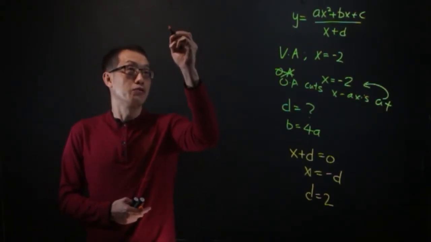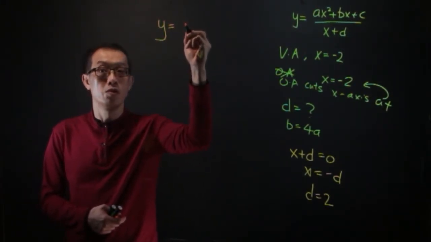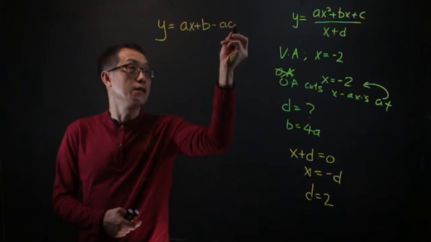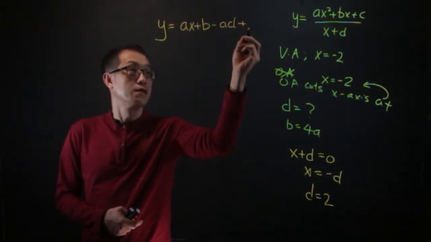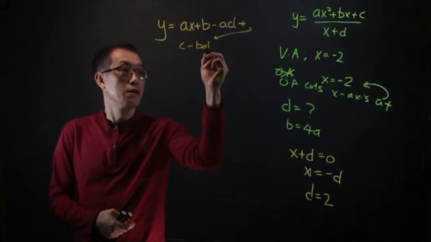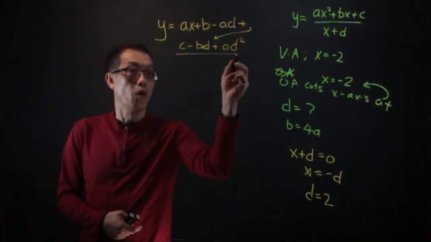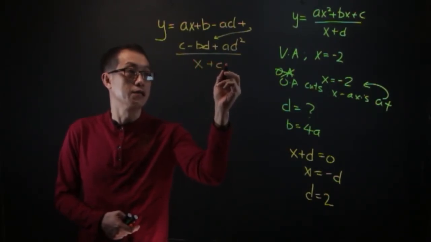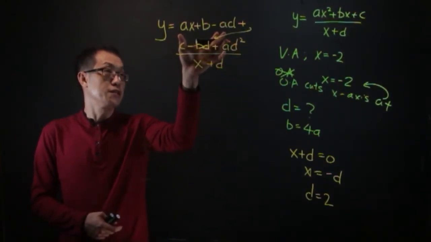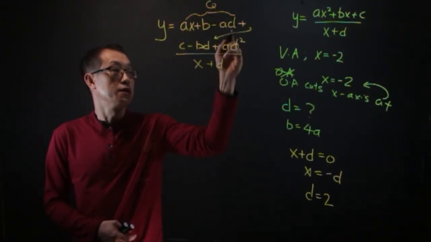What you will get is y equals ax plus b minus ad, plus (c minus bd plus ad squared) over (x plus d). This part is the quotient, and this part is the remainder.